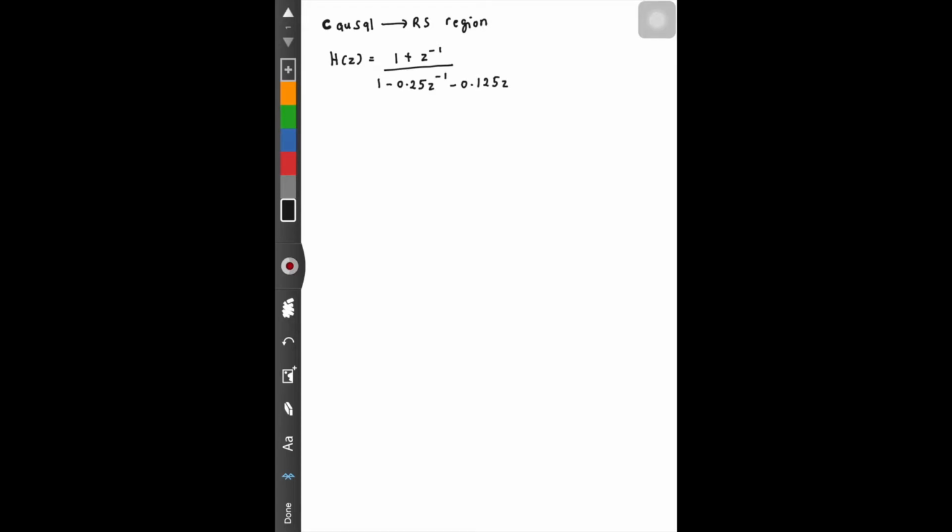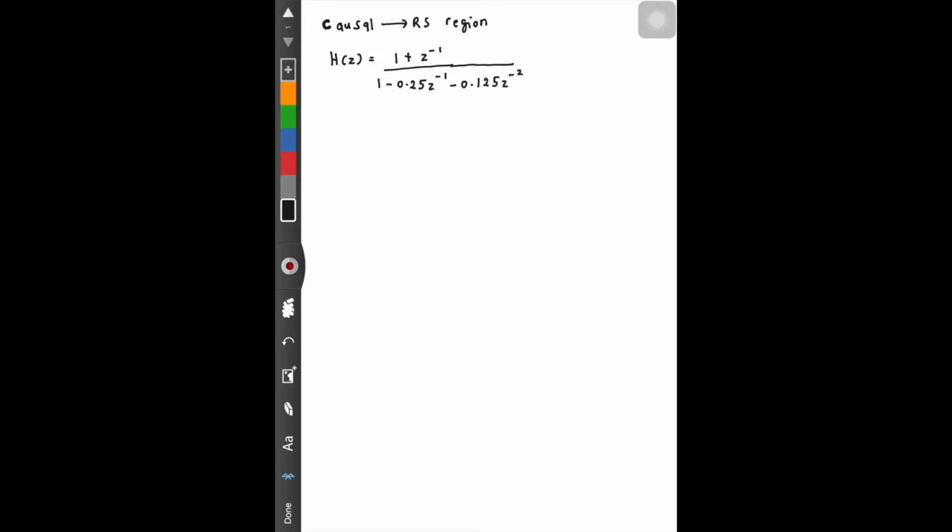Again, from the question it's already stated that it is a causal system, and causal is related to right-sided region. So right-sided region means what you have to do first is modify your transfer function, H(z).